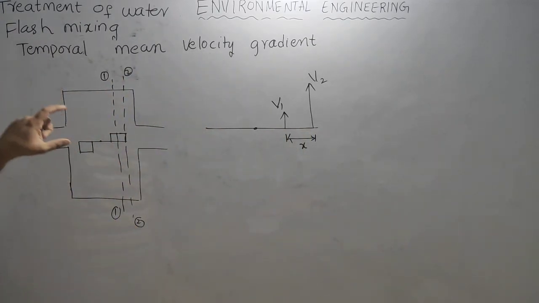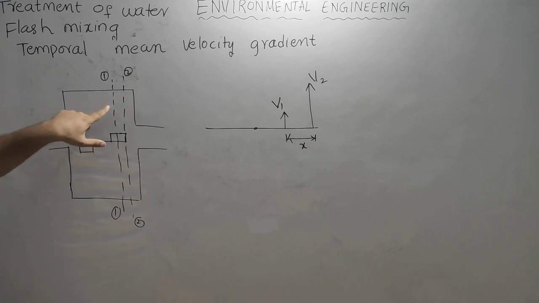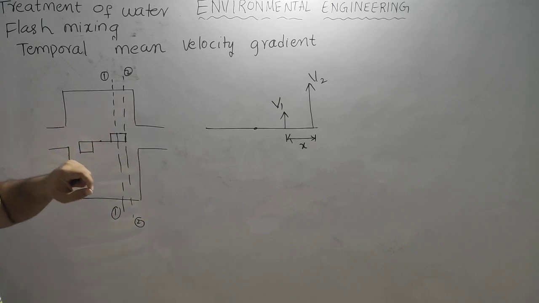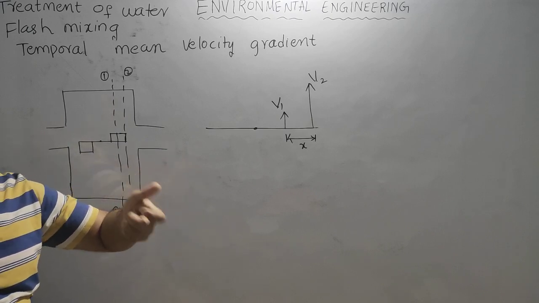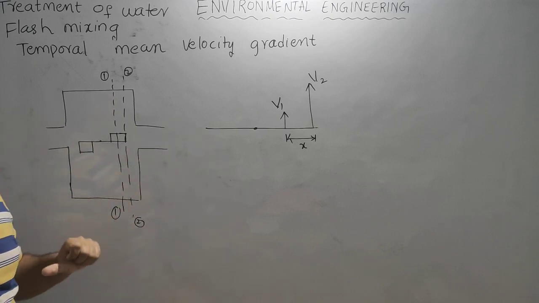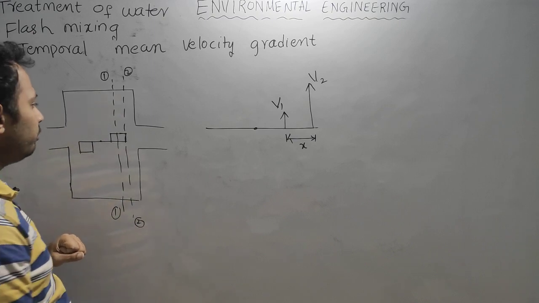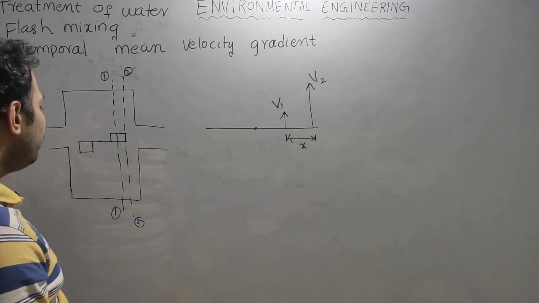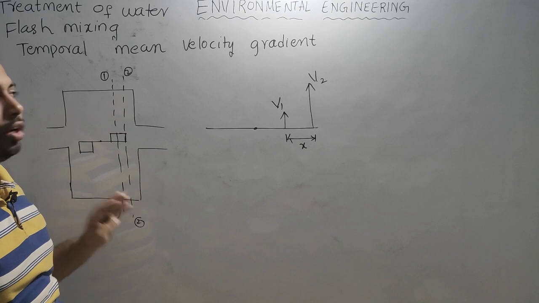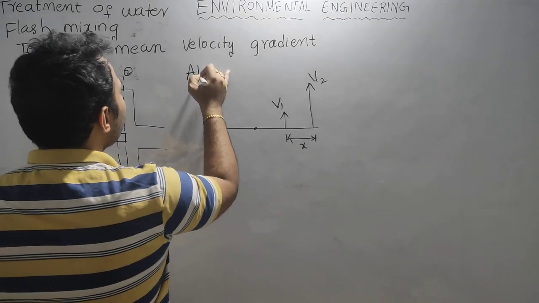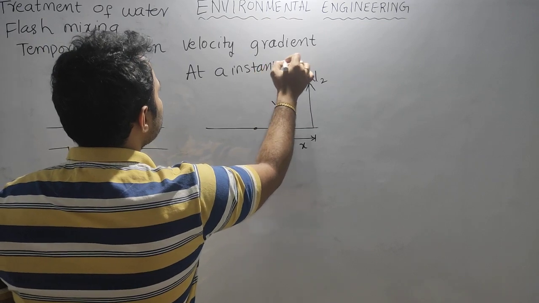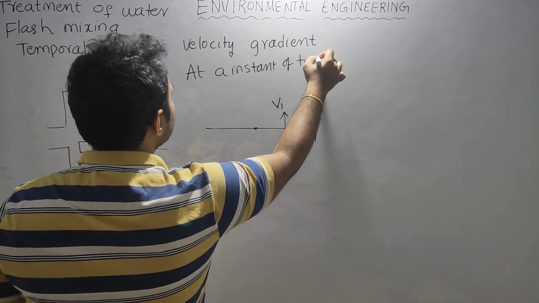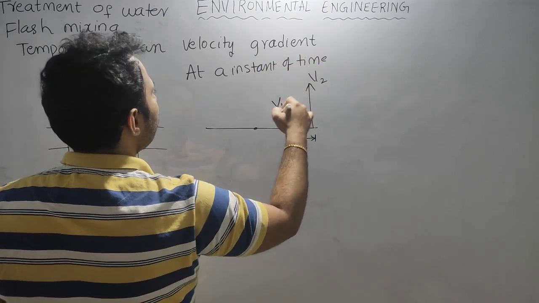Again, this velocity varies with time, because I told you orthokinetic condition means velocity varies from time to time, place to place, spatially and temporally. So that is why at a particular instant of time, these are the mean velocities.